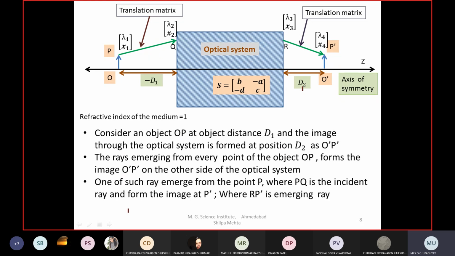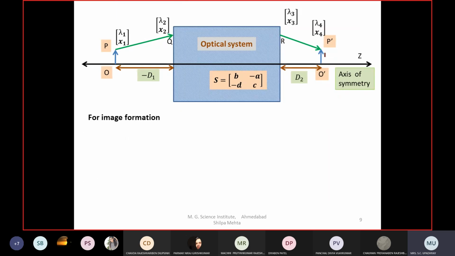One such ray we have considered started from point P and formed the P dash point of the image. So we can say how the image formation takes place.